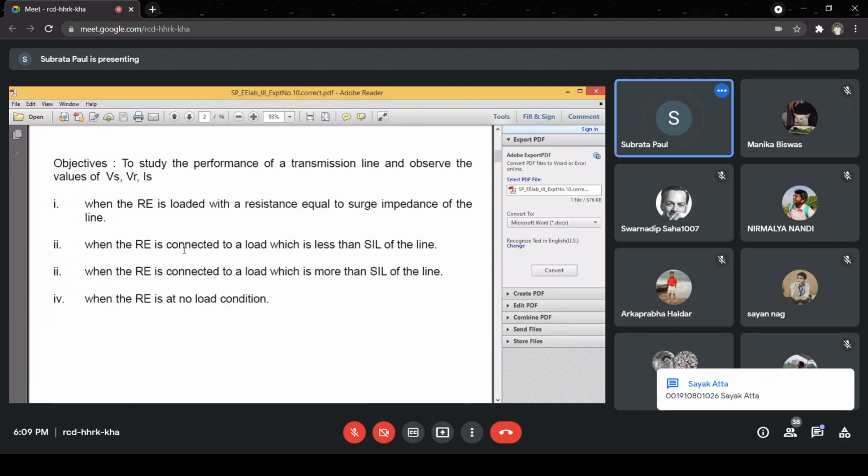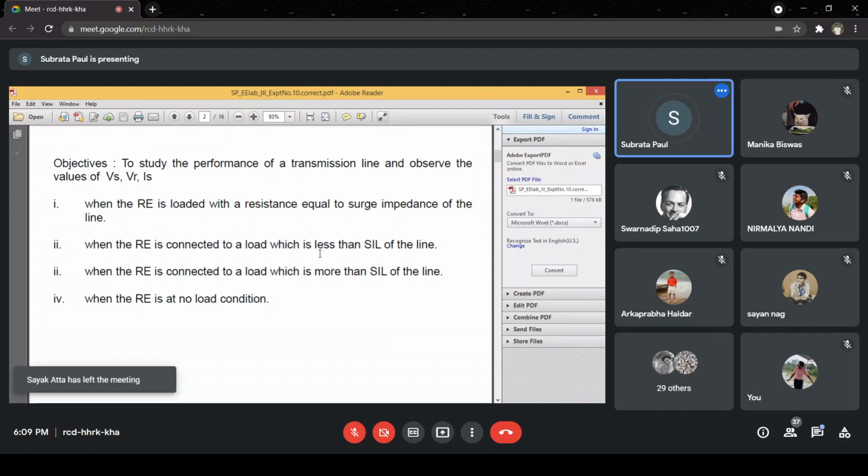In the second case, the line is loaded with less than SIL. In the third case, the line is loaded with more than SIL. And in the fourth case, the line is at no load condition.